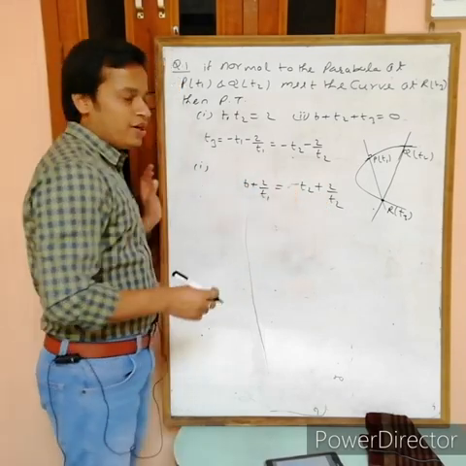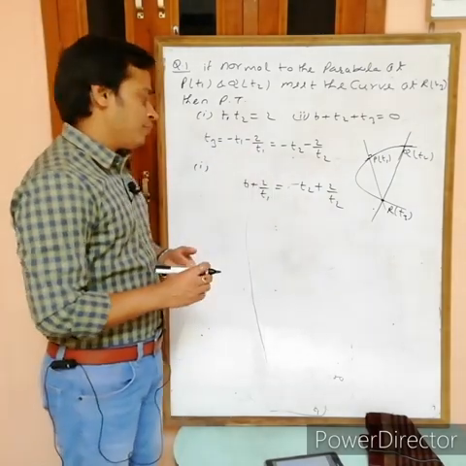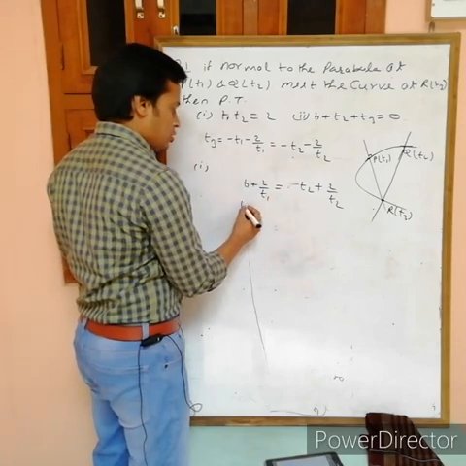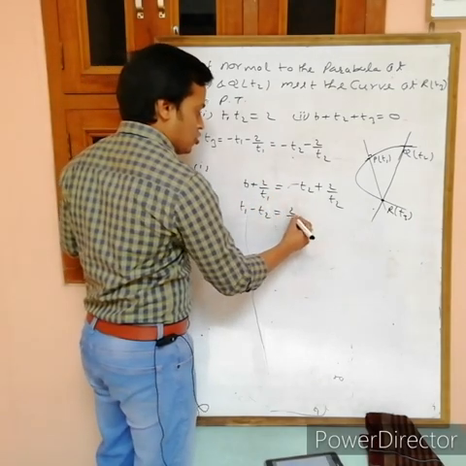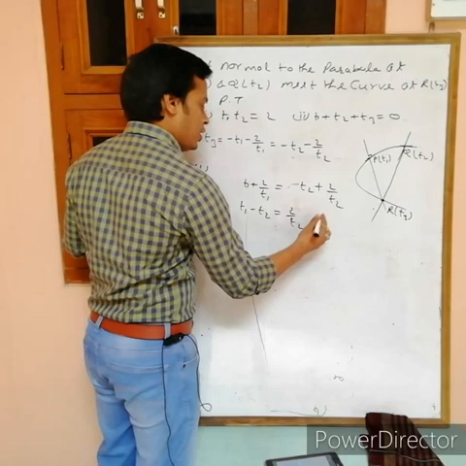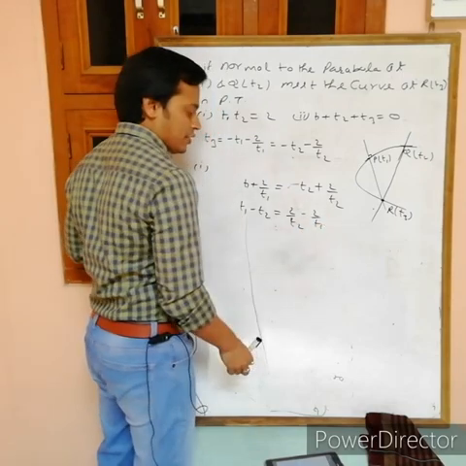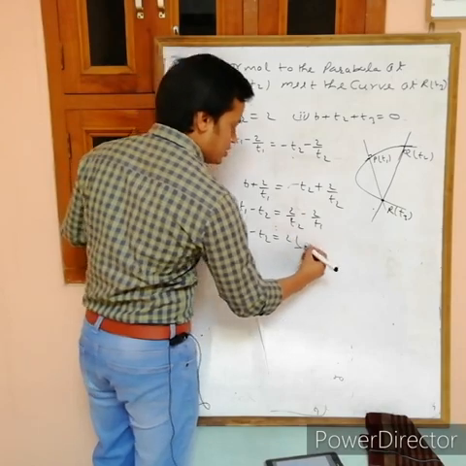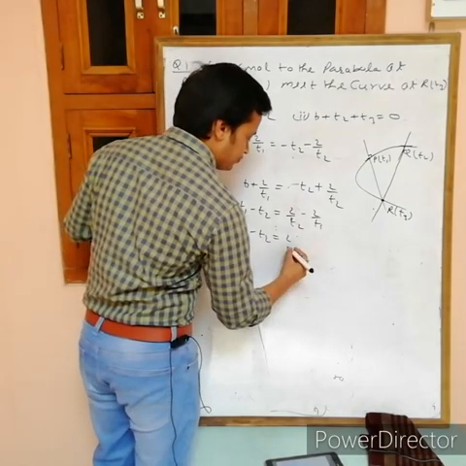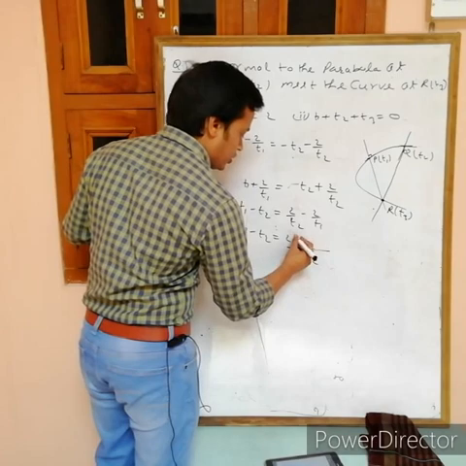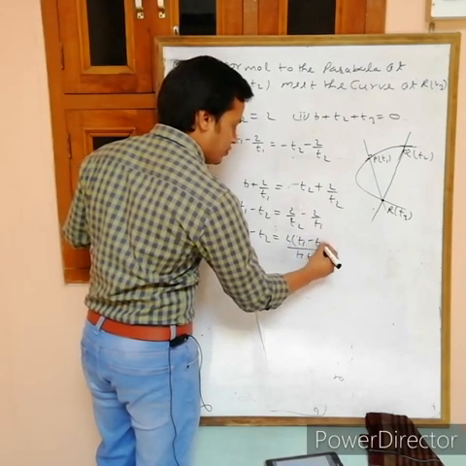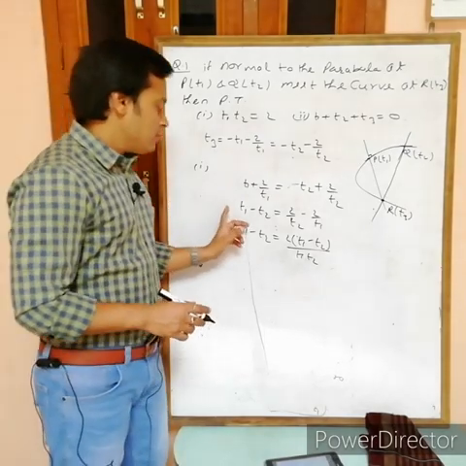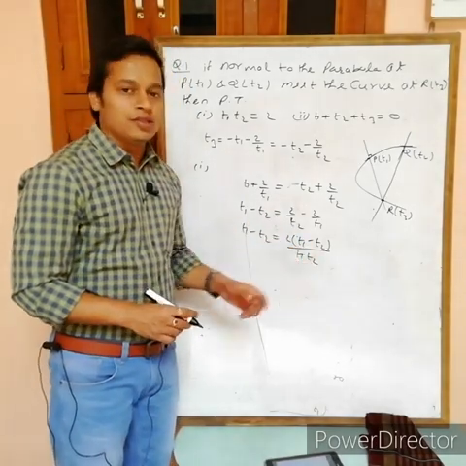Now we want T1 T2 equals 2, so take T2 to the side, then T1 minus T2 equals 2 by T2 minus 2 by T1. If you take LCM T1 T2 and 2 common, we get T1 minus T2.